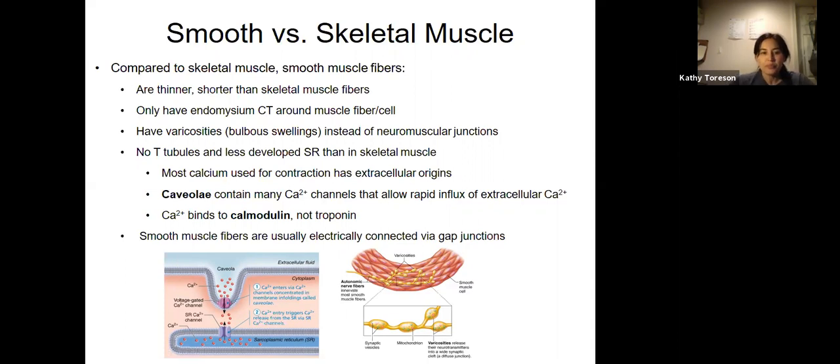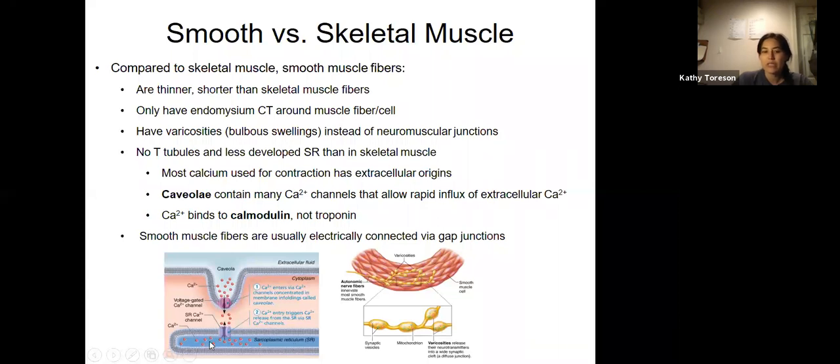So if we look at this figure here on the left, we see some terms that we're more or less used to. Here we're looking at part of the muscle cell, and just like we learned with skeletal muscle, smooth muscle has a sarcoplasmic reticulum that is responsible for regulating calcium levels.